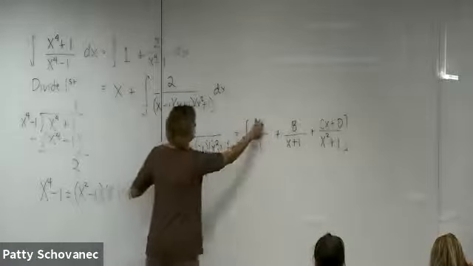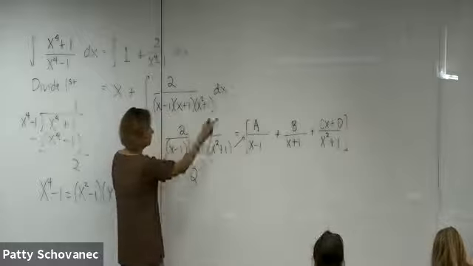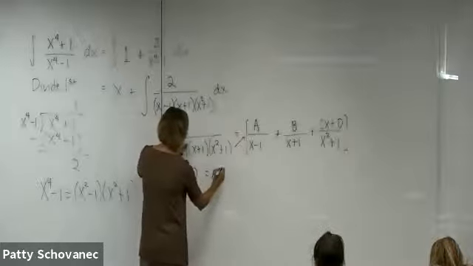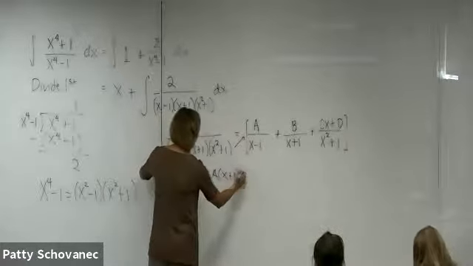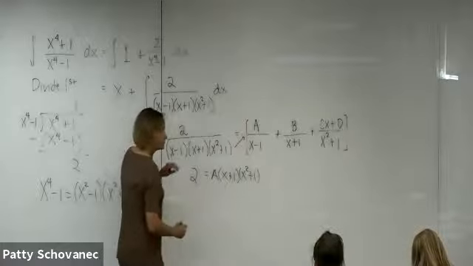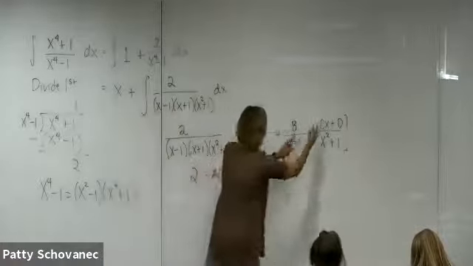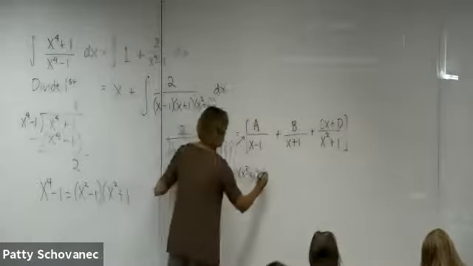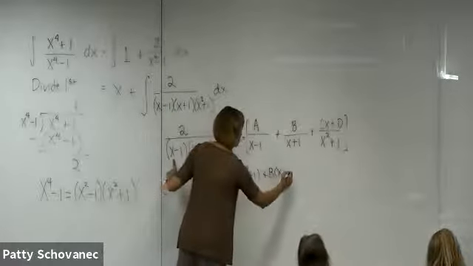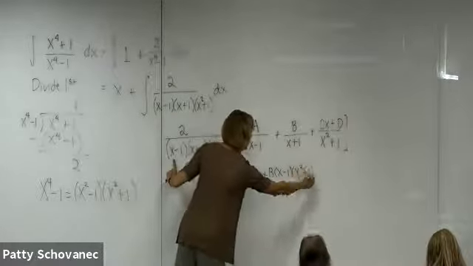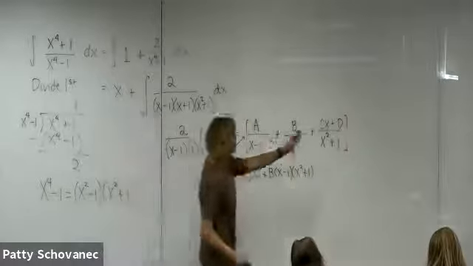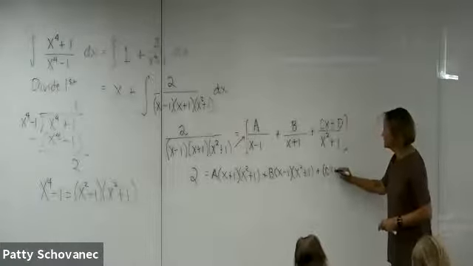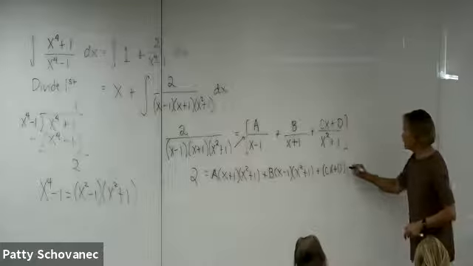When these three factors are written up next to the A, the x minus ones will match and cancel, leaving me with A times the other two factors. Then the x plus ones will match and cancel, leaving me B times the other two factors. And finally, the x squared plus ones cancel, so I've got the entire Cx plus D multiplied by the other two factors.